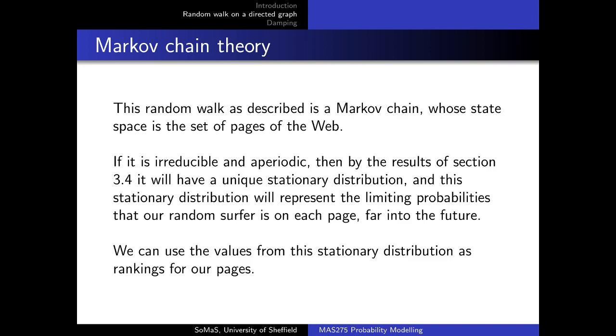And this invariant stationary distribution, this is the rank. This is the PageRank. We use those values as the rankings for our pages. So if pi j is big, then state j, web page number j, has a high PageRank value and is seen as a high quality page.